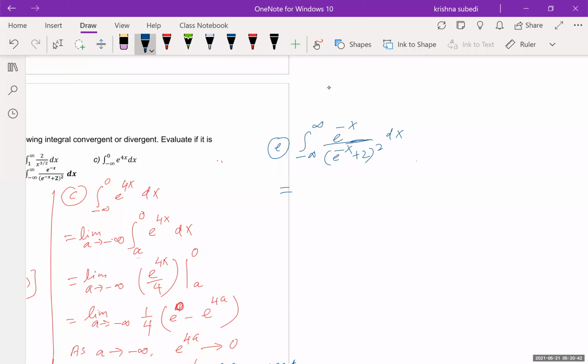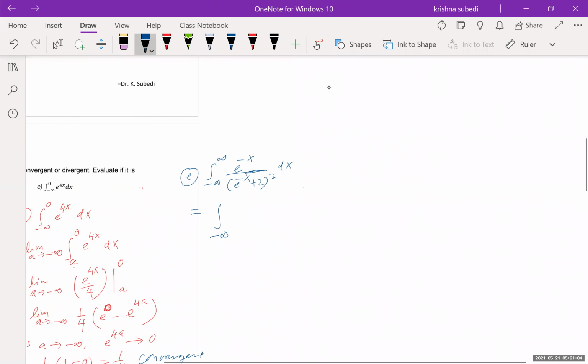So first of all, when you are given both lower limit and upper limit as negative infinity to positive infinity, what you can do is separate them by using any number here. When you are given negative infinity to infinity f of x dx, it represents the area from negative infinity to infinity.